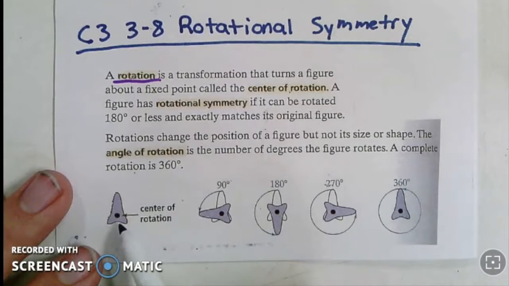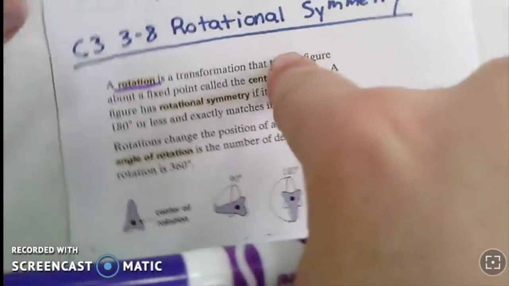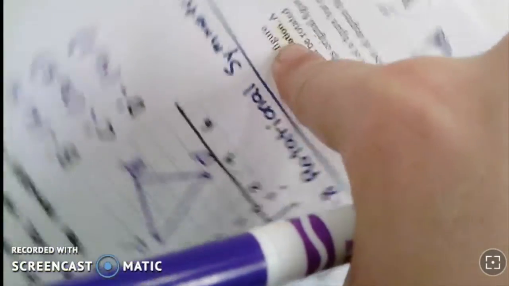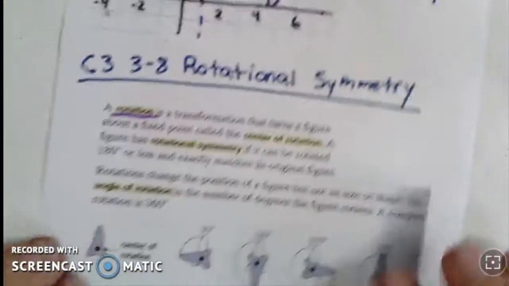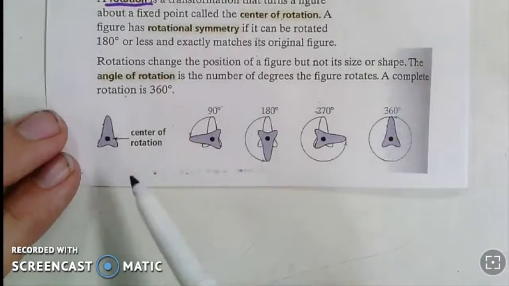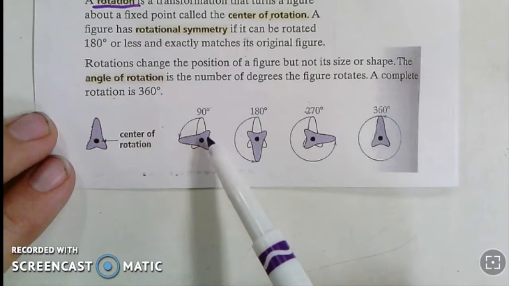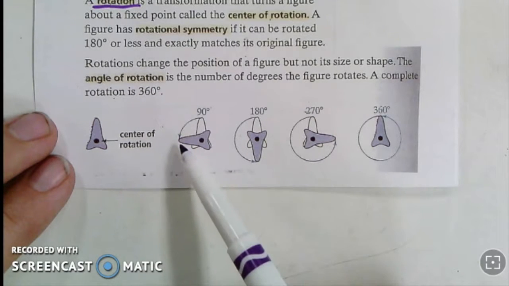So here's the center of rotation. This is what's staying the same. The center of rotation is like if you put your finger right here, that would be my center of rotation and the paper would rotate around it. Okay, that's the center of rotation. So the center of rotation for this image they're saying is here. If it were to go 90 degrees, it would flip a quarter of a circle that way.